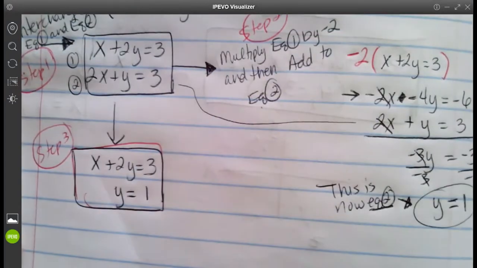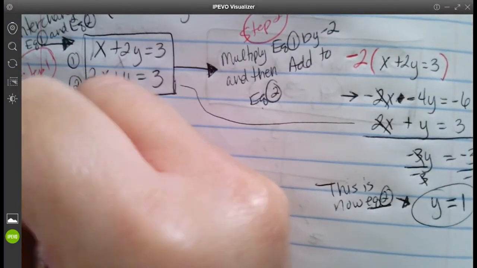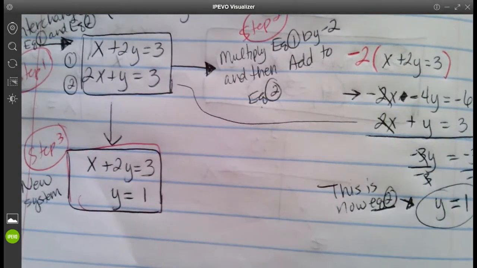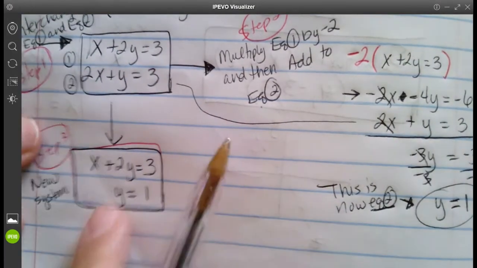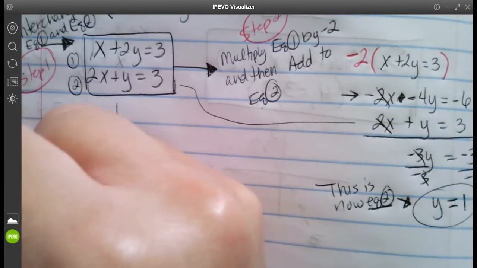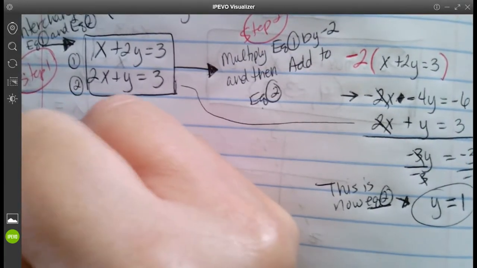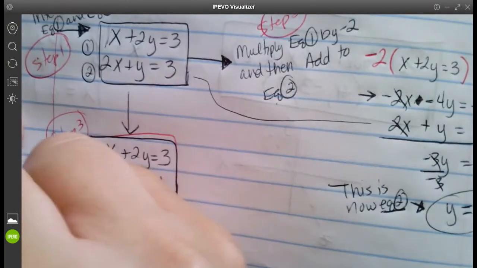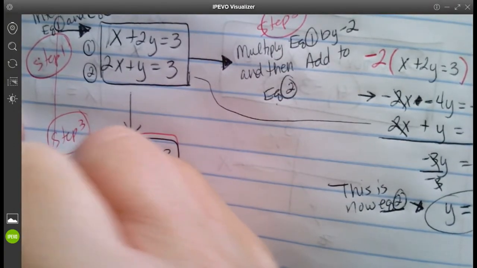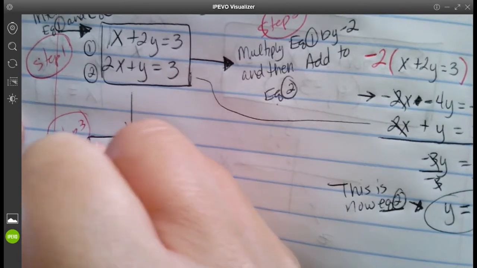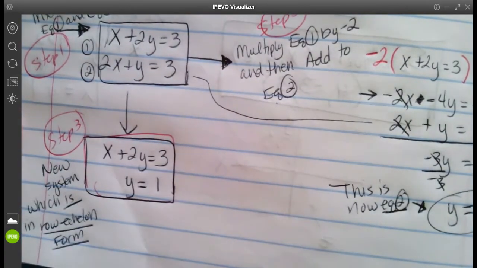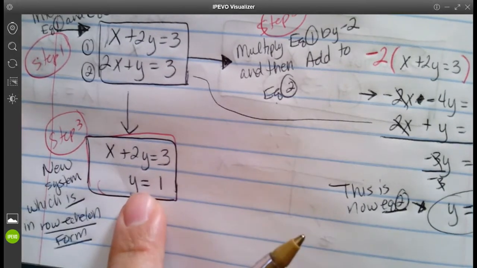This is our new system, and our new system is in row echelon form. So that means that we can solve.